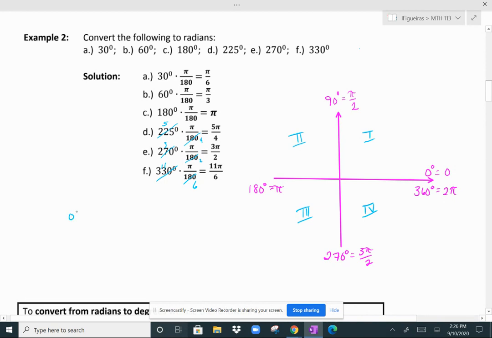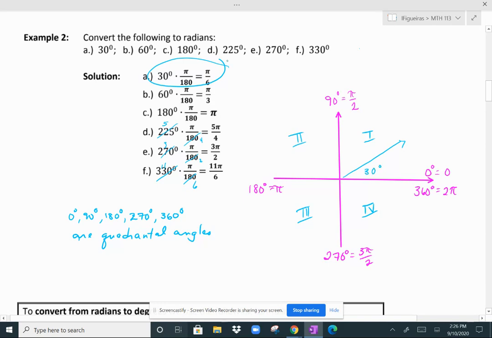So 0 degrees, 90 degrees, 180 degrees, 270 degrees, and 360 degrees are quadrantal angles. Okay, and that will come up again later. But you could also have angles inside of each quadrant. Like for example, 30 degrees would be around here somewhere.